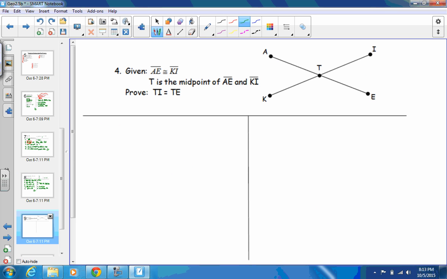This last one, it looks like we're going to deal with some more segments, and with two segments crossing at the intersection point T. So first of all, what are we given? We're given that segment AE is congruent to segment KI, and we're given that T is the midpoint of AE and KI, those segments.